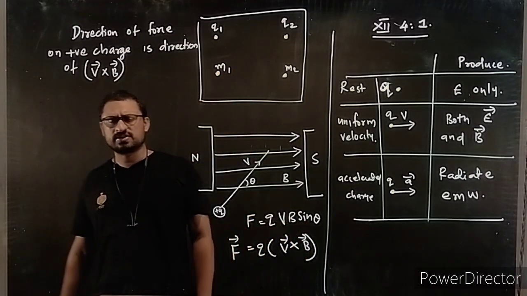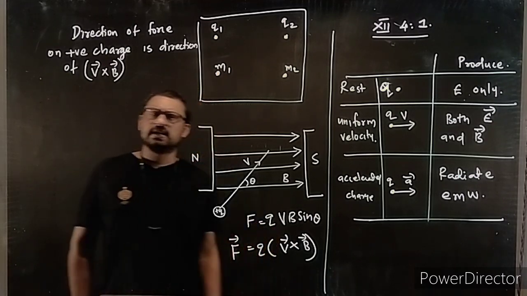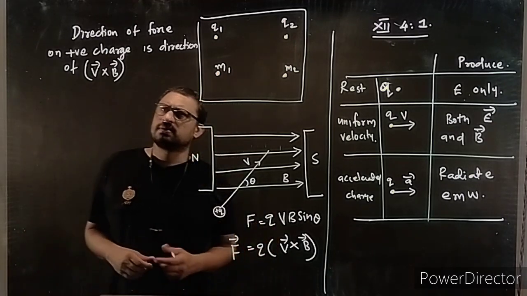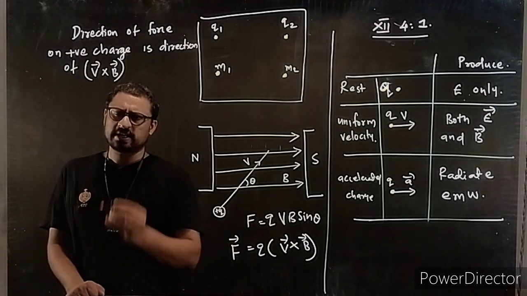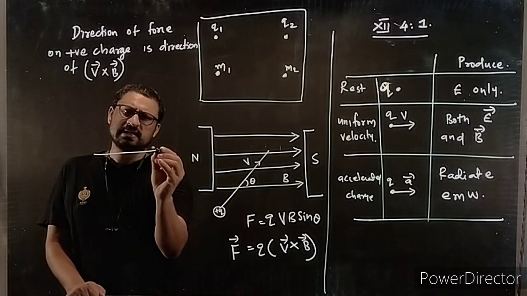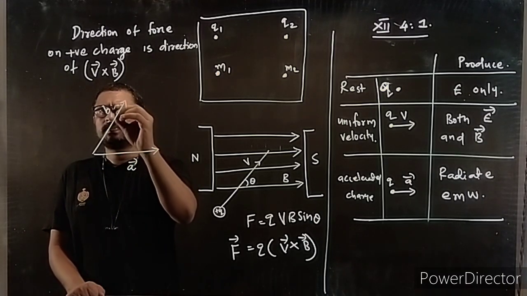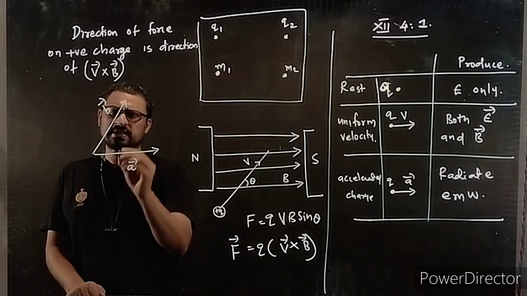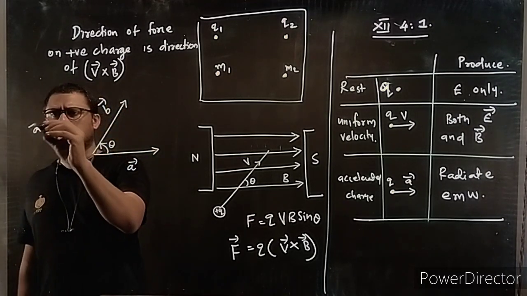That's a very important thing to understand. How can you find the direction of V cross B? Let's take an example of the direction of a cross product. Suppose I have two vectors, vector A and vector B, and the angle between them is theta. What I have to find is the direction of A cross B.